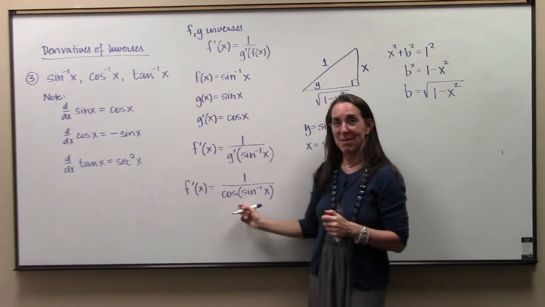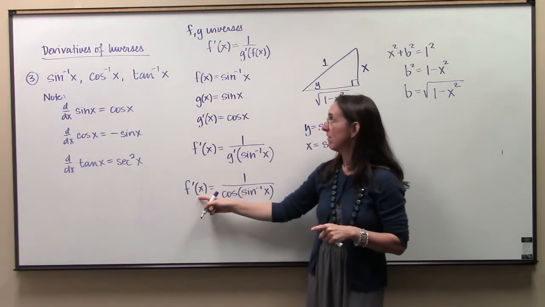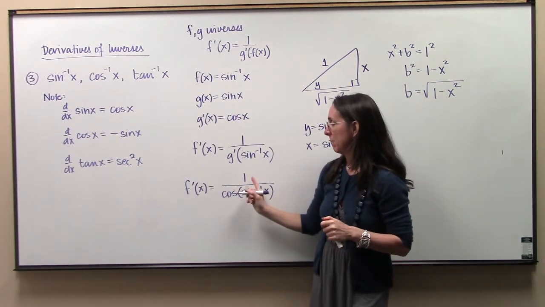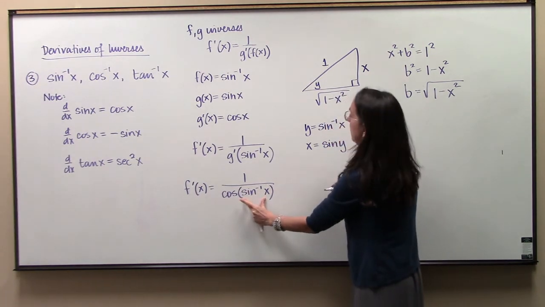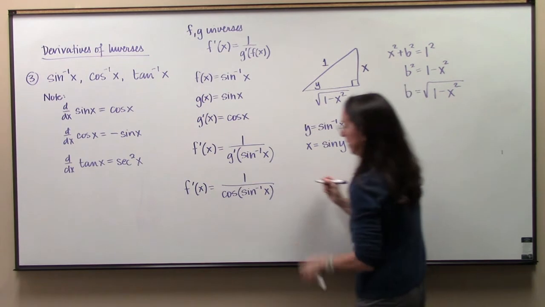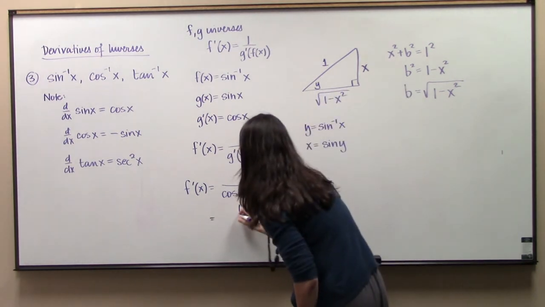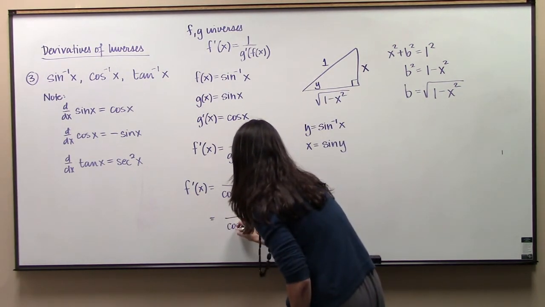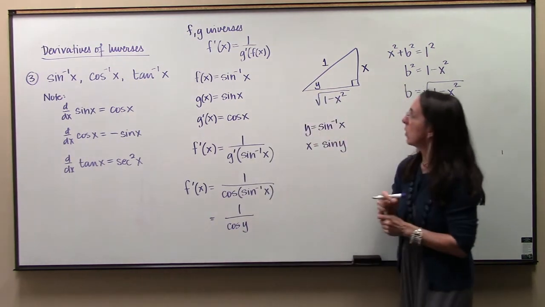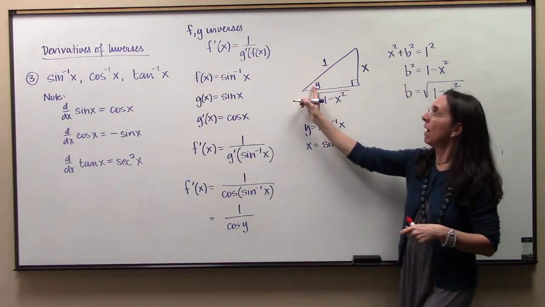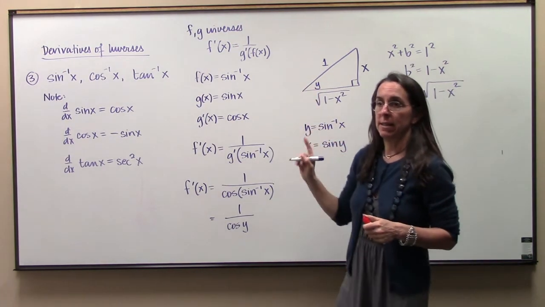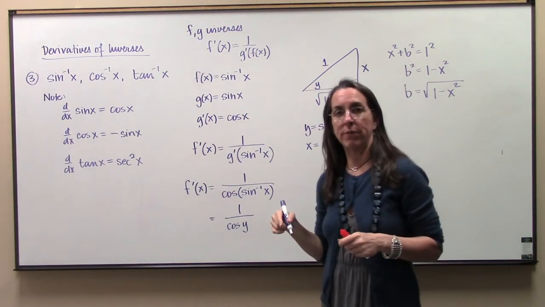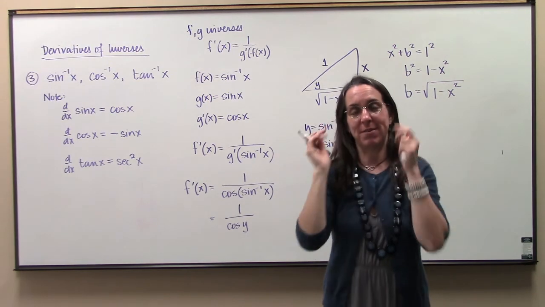Well, this thing that we came up with here says that the derivative of arc sine can be gotten by figuring out what this is. And so we've taken this thing and we've replaced it with y. And so from our picture, 1 over the cosine of y is an angle, and I want the cosine of it. Now the cosine is the adjacent over the hypotenuse. Do you remember this from trig?